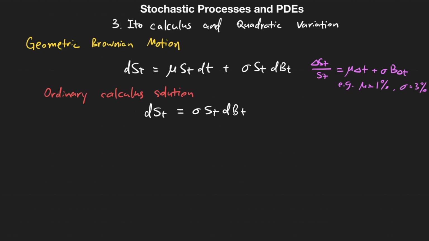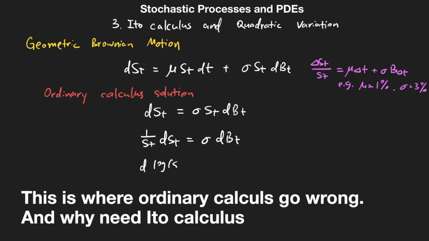We consider the fluctuation-only differential equation. So the first step is that we can do separation of variables. We'll have 1 over S_t times dS_t equals sigma times dB_t. Basically, the left-hand side equals d log of S_t, equals sigma times dB_t.